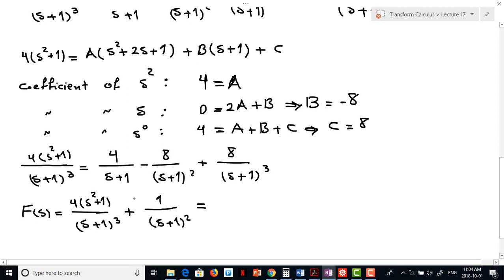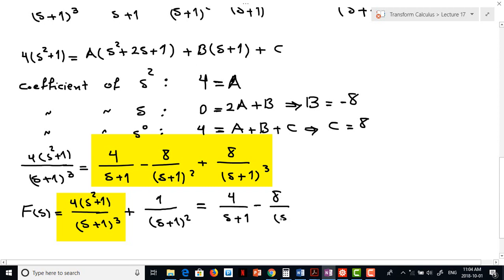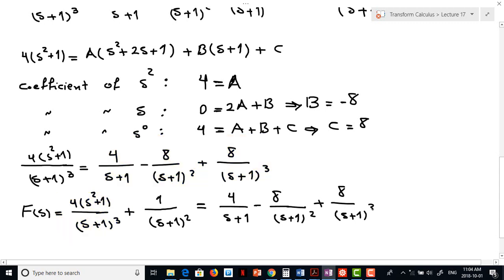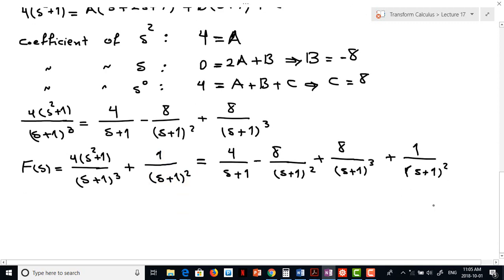Now I write the partial fraction terms of the first fraction, so it's 4 over (s plus 1) minus 8 over (s plus 1) squared plus 8 over (s plus 1) to the power of 3, and we have plus 1 over (s plus 1) squared. So we can simplify again.